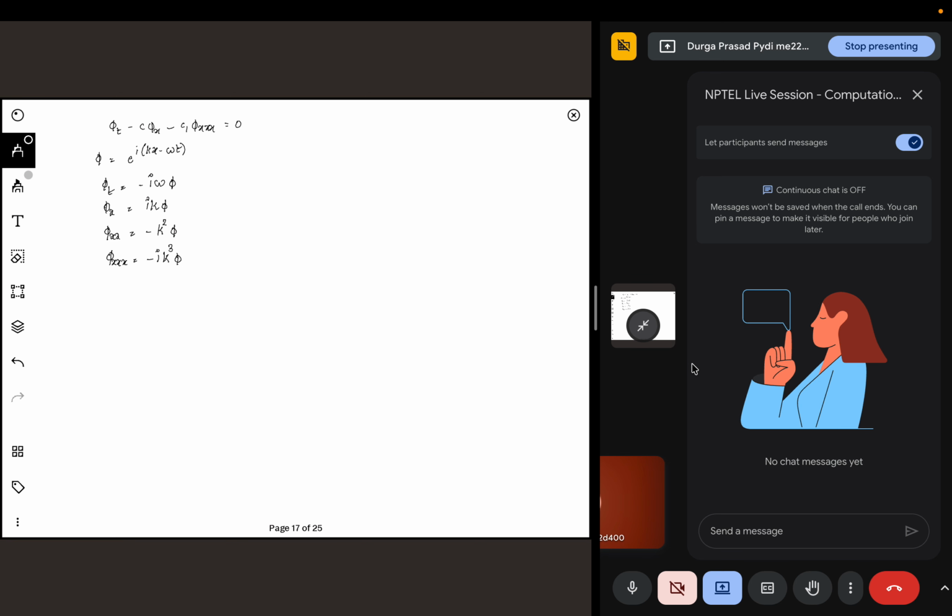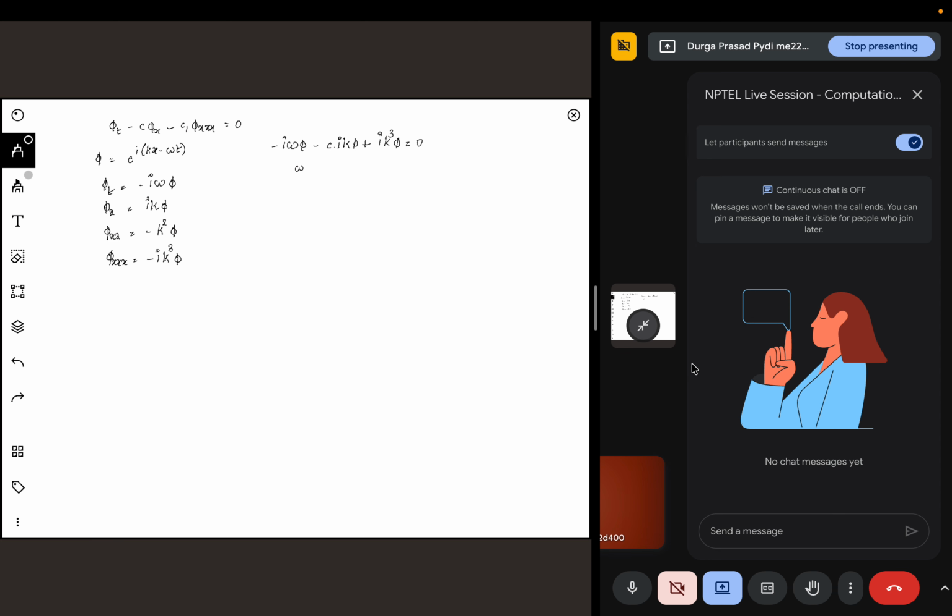If I substitute it into my governing equation, I'll have minus i omega phi minus c times ik phi plus c1 ik cube phi, because we're looking for a non-trivial solution. There is a sign issue somewhere, because I want it to be positive, this is to be equal minus ikx minus omega t.